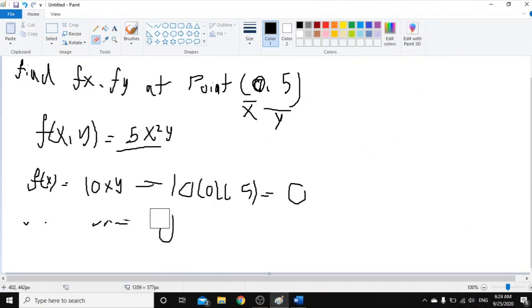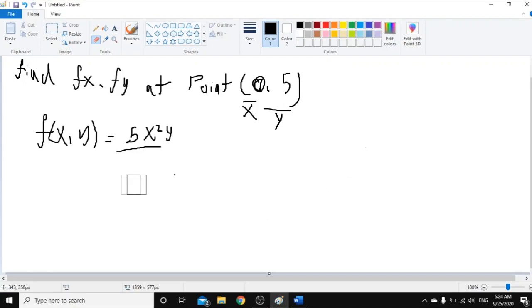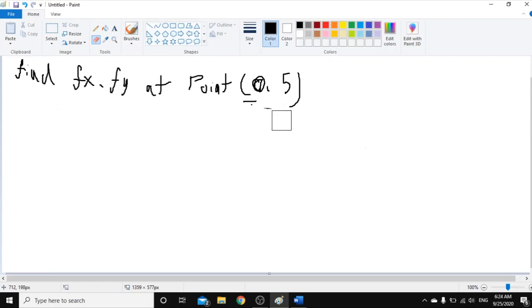Okay, let's say, for example, you want to find the slope at a point. Let's say here, find the slope at, okay, let's change here to 0. I'm done with this.